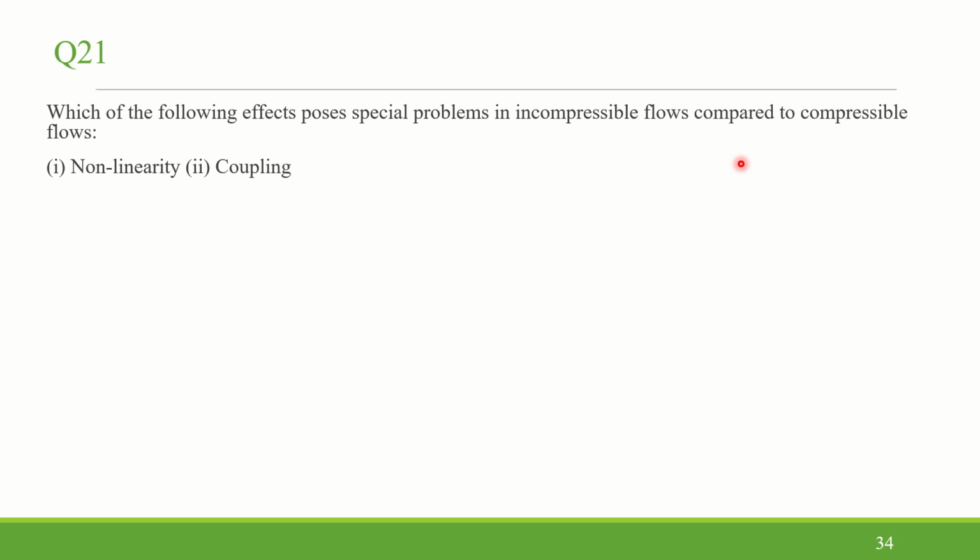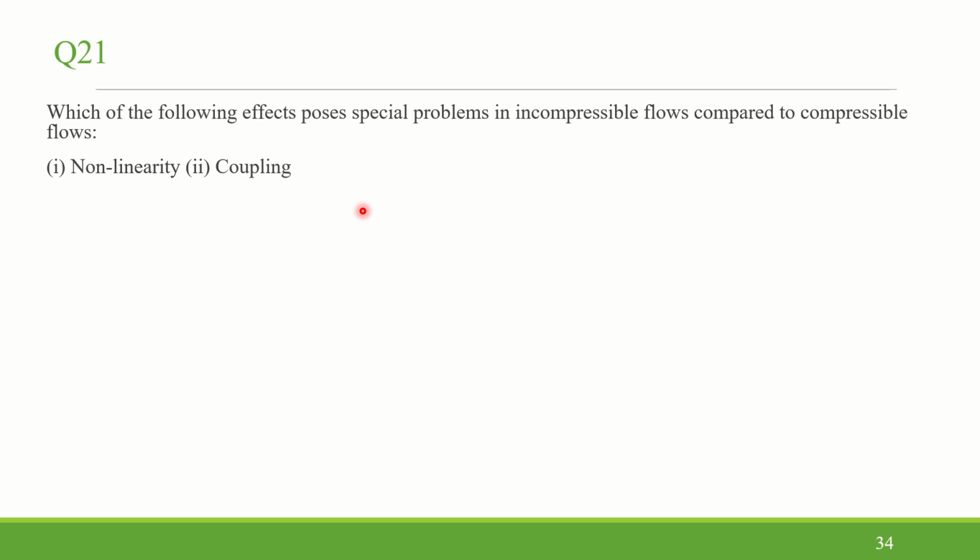Similarly, we have pressure and velocity in the momentum conservation equation that accounts for the coupling effects. So nonlinearity and coupling are present both in incompressible and compressible flows. So there is no special problem in incompressible flow compared to compressible flows from the options given. So both of them are false.